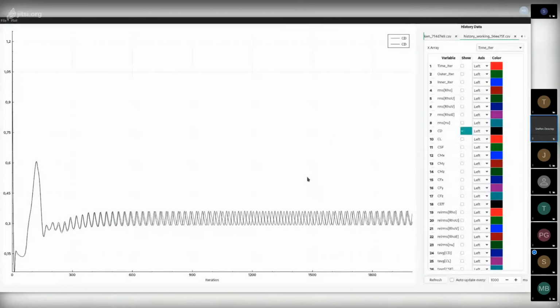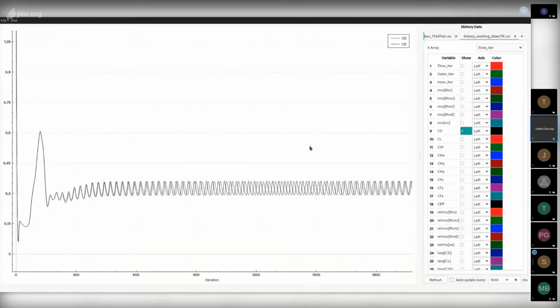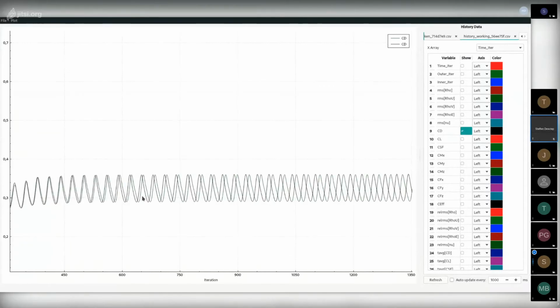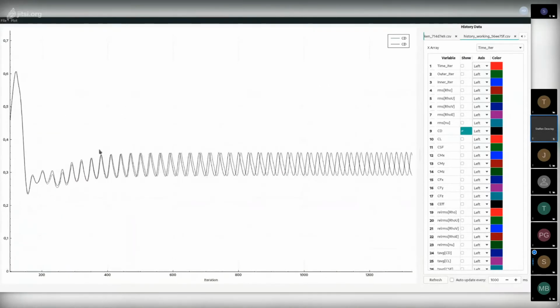Okay, you can see this. Yeah, you can see here two lines. This is the drag over iteration. The green line is from the old version of the code.